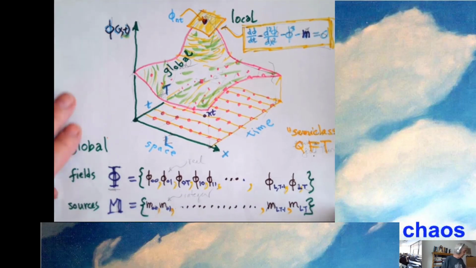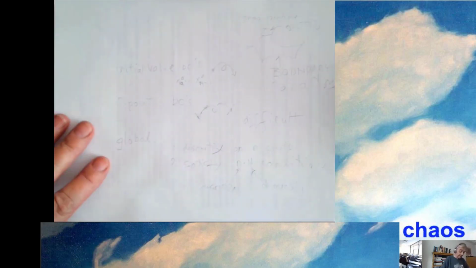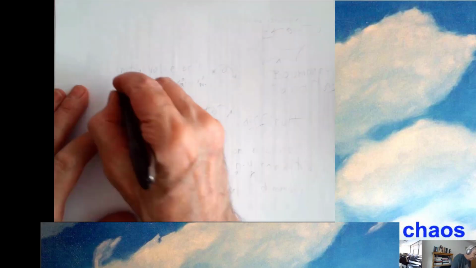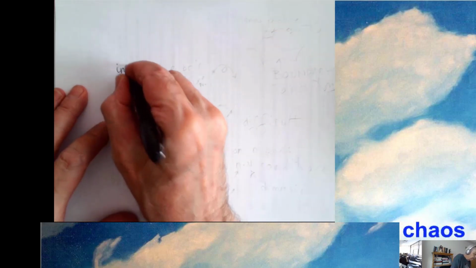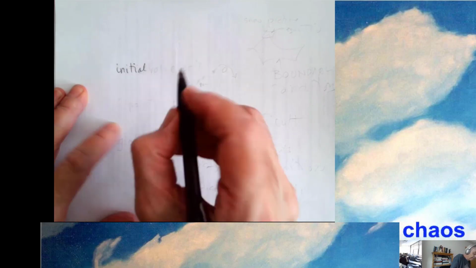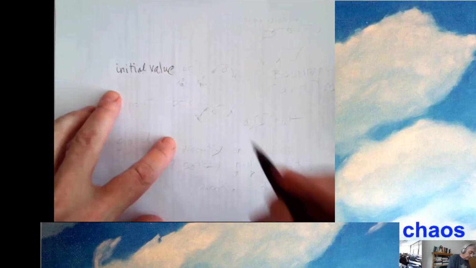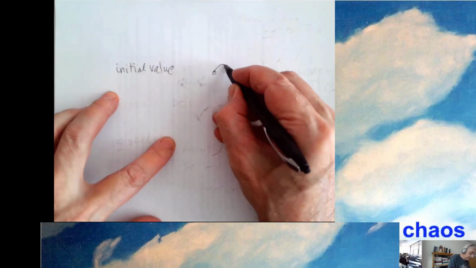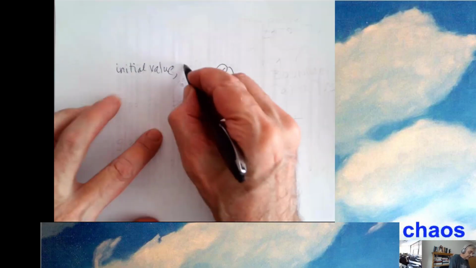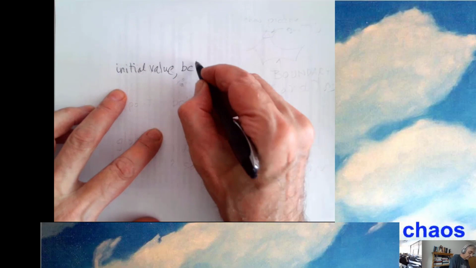So that's the first thing you have to realize. It's not just the equation. We would like to say, okay, we have initial value. And we would like to go someplace. But we also have to satisfy boundary conditions.